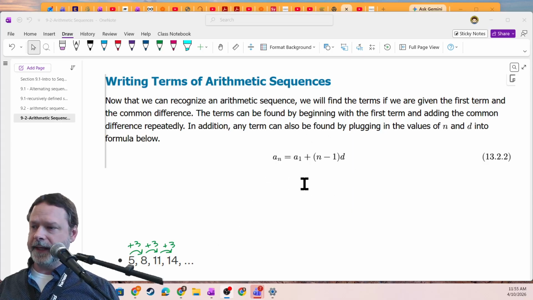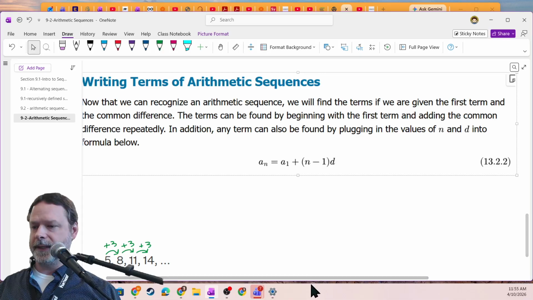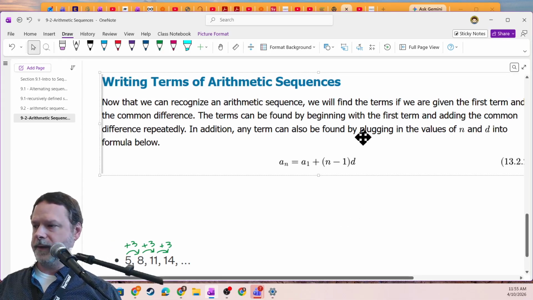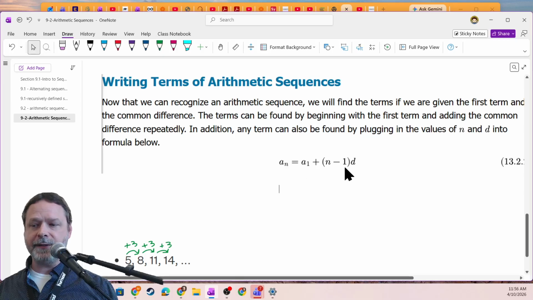And we also found out that we have a formula. If we have the first term, that is a sub 1, and the common difference, d, we can create an explicit formula for these guys whenever we see them, as long as we can see it's an arithmetic sequence.